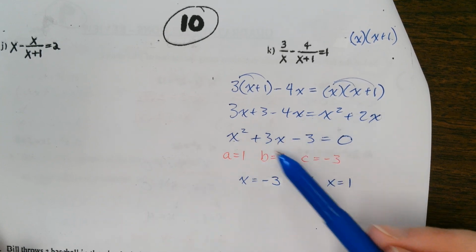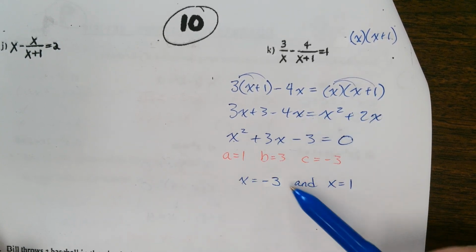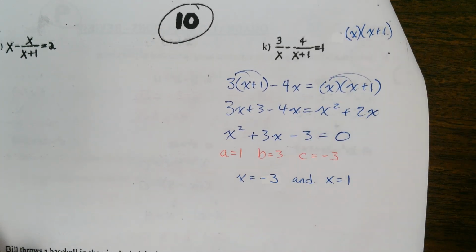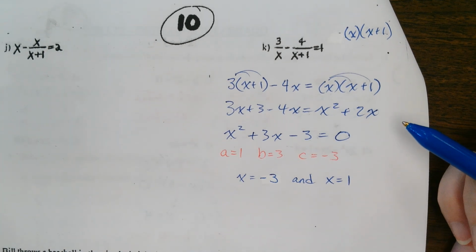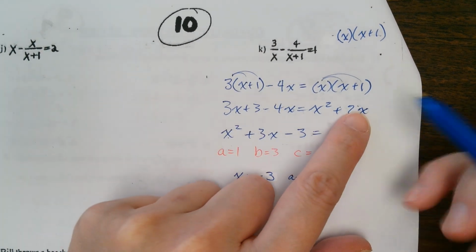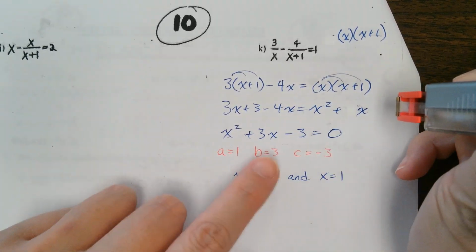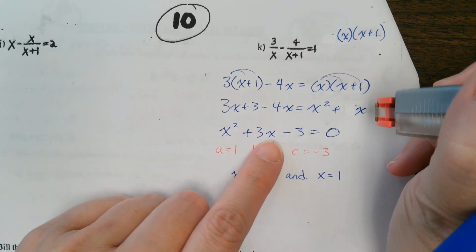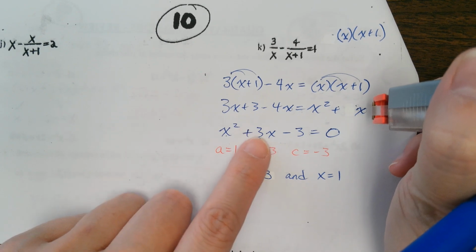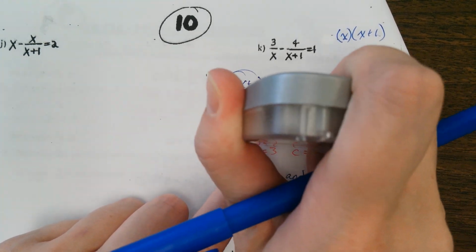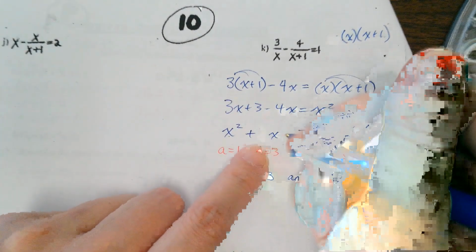Because remember, when you sub it into this formula, it should satisfy it. Did I make a mistake? Oh, I made a mistake here. That's why. So this is x. So this is 2x. Oh, so then it's factorable.